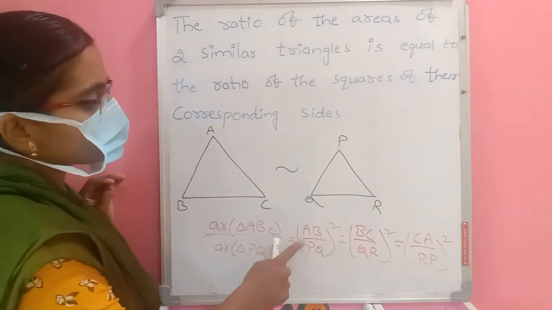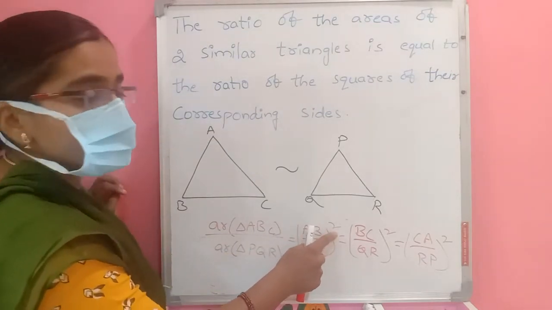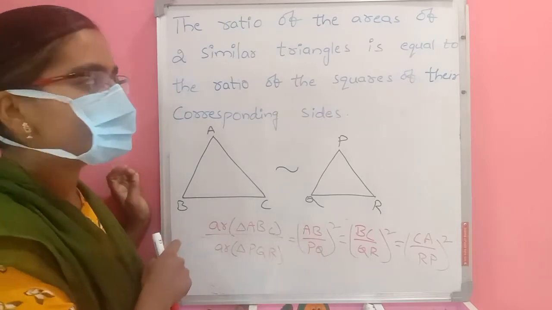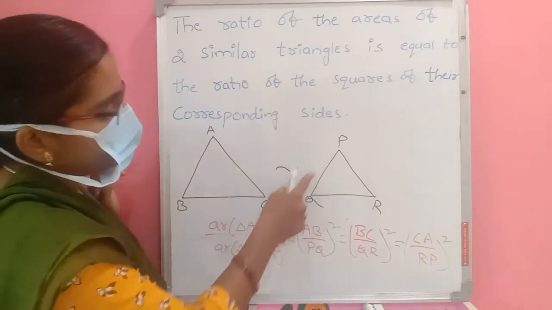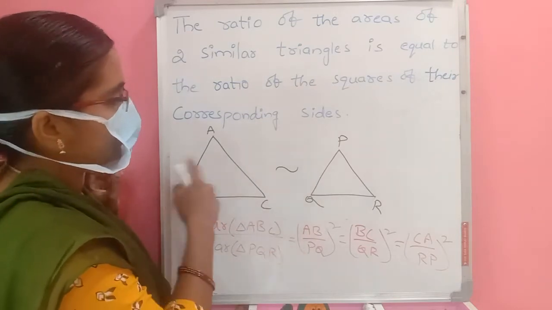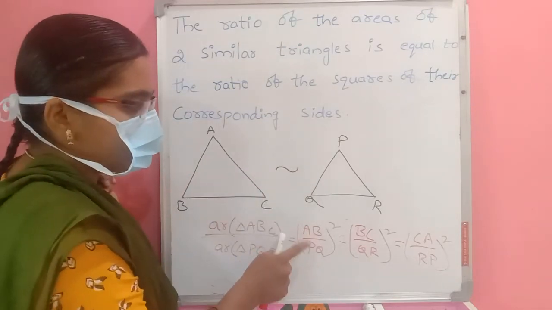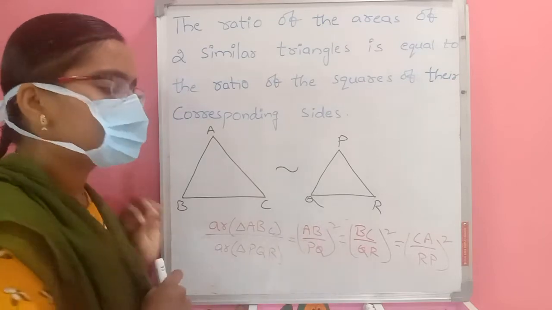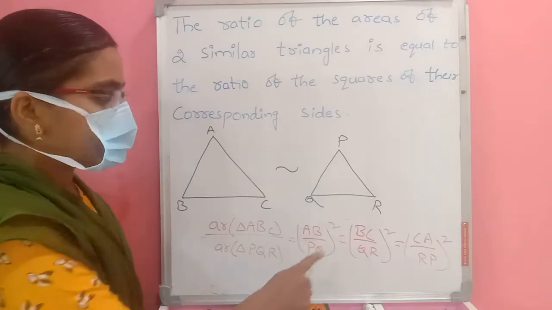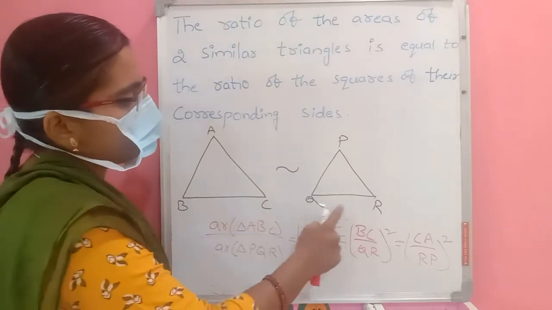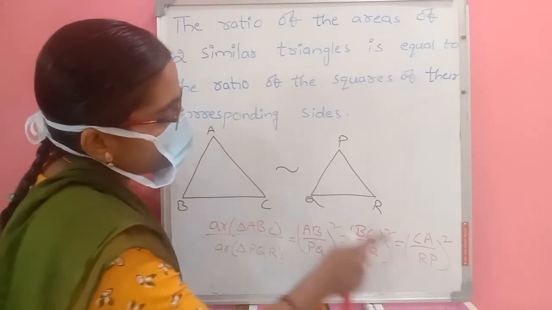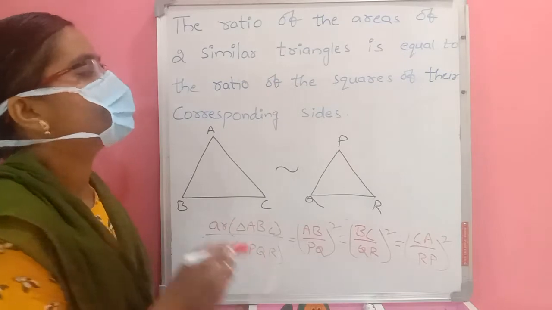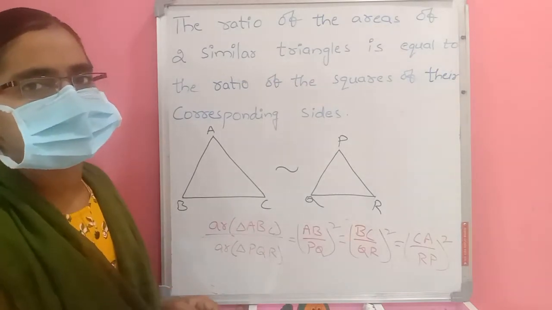So AB by PQ whole square is equal to BC by QR whole square, and that is equal to CA by RP whole square. So this is one theorem.